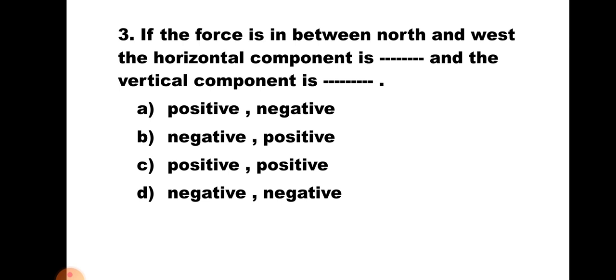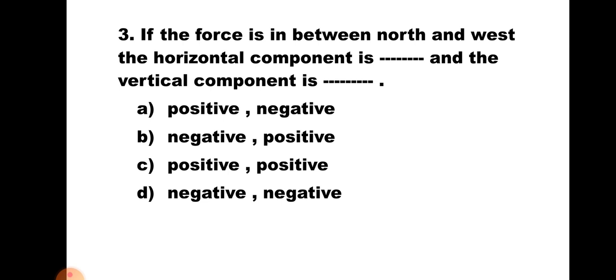Question number 3. If the force is in between north and west, the horizontal component is dash dash dash and the vertical component is dash dash dash. A. Positive, negative. B. Negative, positive. C. Positive, positive. And D. Negative, negative.